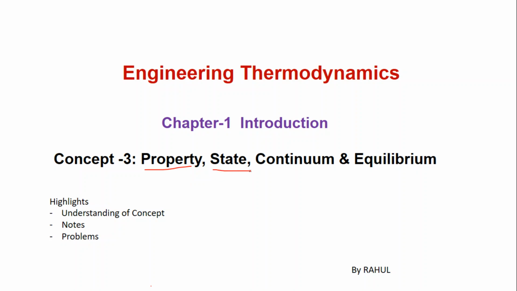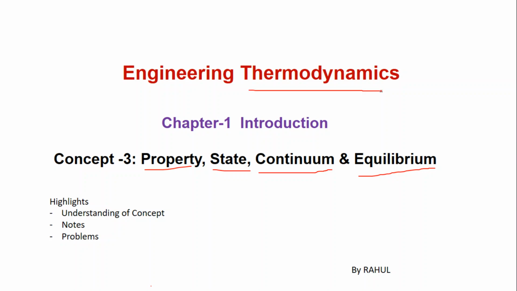We will discuss the state of the system also, in what state it is, and also the continuum. Continuum is quite related to macroscopic and microscopic, and also what defines that the system is in equilibrium condition, because whenever we discuss any system in thermodynamics, we assume that the system is in equilibrium.